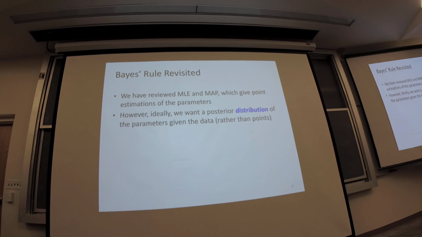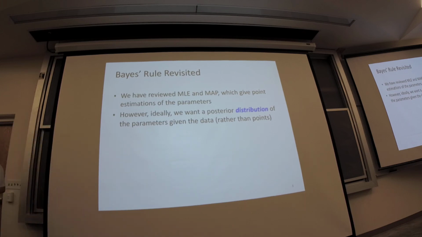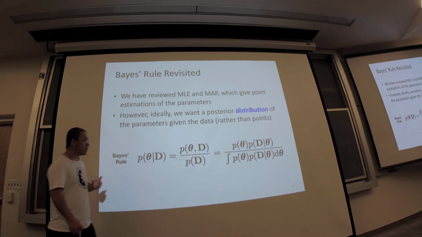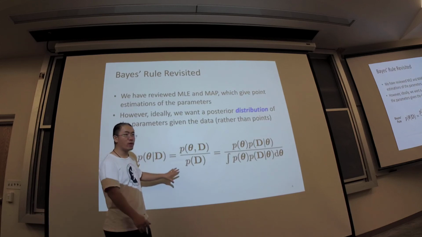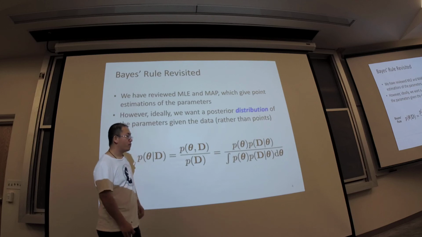So we have reviewed maximum likelihood estimation and MAP estimation, which only give one estimation of the parameters, which obviously is not our goal for Bayesian inference, because we always want to calculate the posterior distribution over the parameters given data. It's a distribution, it's not a point, right? And how can we do that? We can use Bayes' rule. This is kind of truth, right? It's something that always stays on the ground to support the whole area.